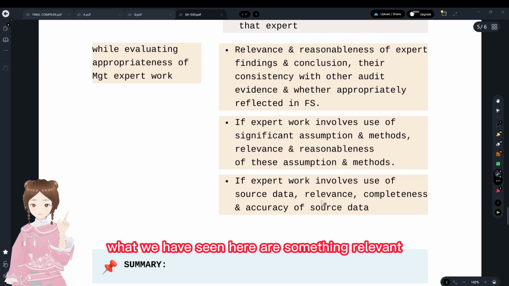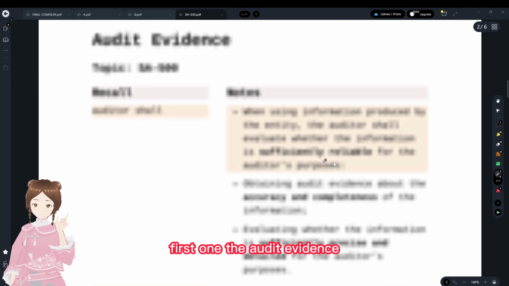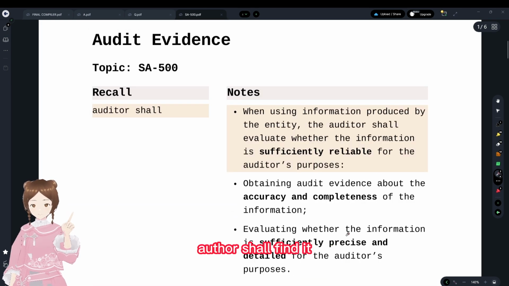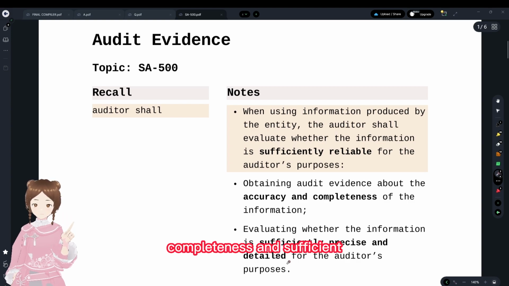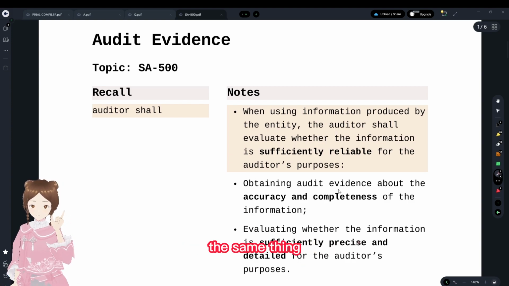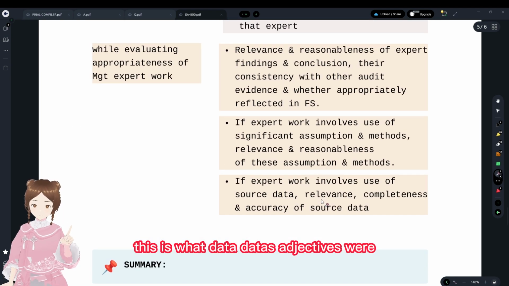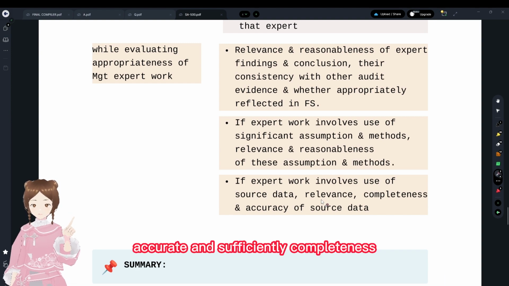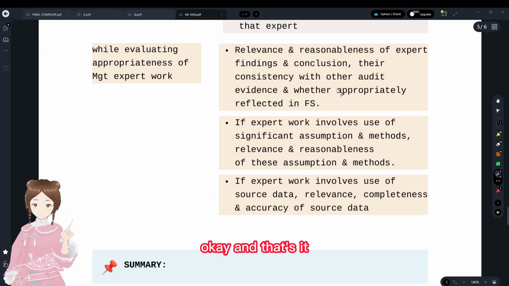The auditor shall find that evidence sufficiently reliable if it is accurate, complete, and sufficiently precise and detailed. You see all the adjectives with regards to any kind of data: it has to be reliable, accurate, sufficiently complete, and the source has to be good. Okay, and that's it.